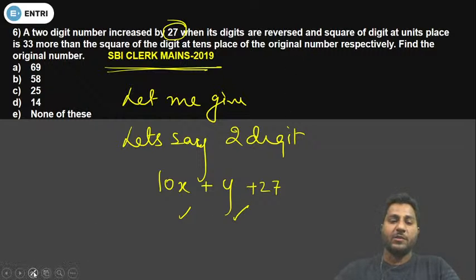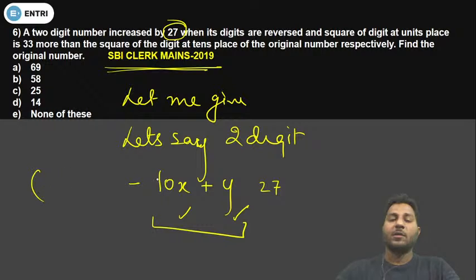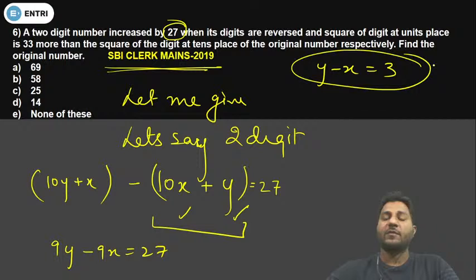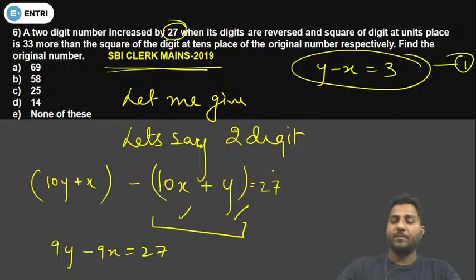So if the digits are reversed, the difference between the original one and the new one will be 27. So 10y plus x. Now 9y minus 9x equals 27. That means y minus x equals 3. So we have figured out the first one.